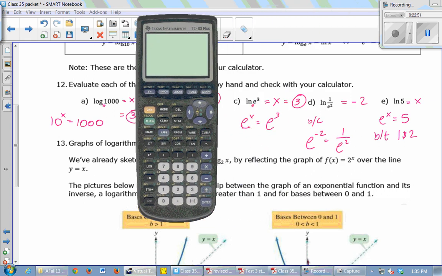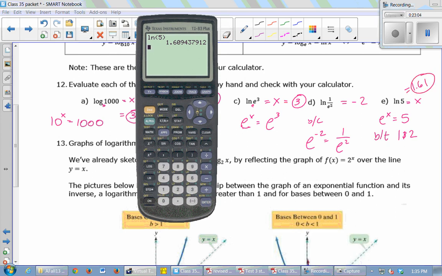So I just type ln of 5. And I get 1.61 is the ln of 5. And I can check all of my answers using the calculator. The ln of 1 over e squared is -2, just like we got.